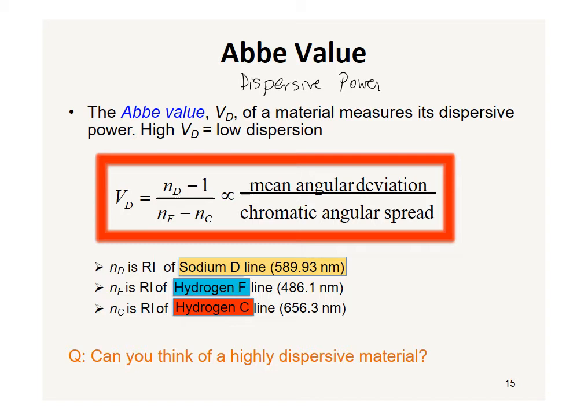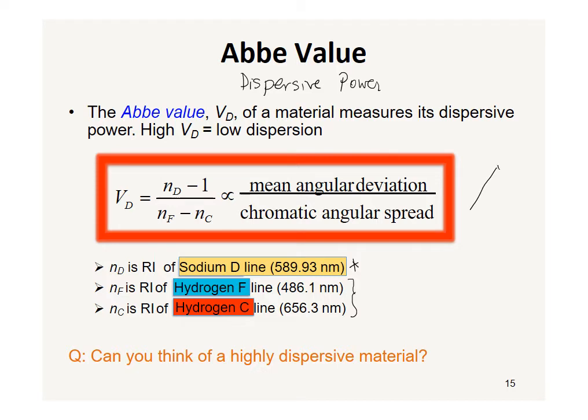So for visible optics, it's defined by this expression here, where we have the refractive index of somewhere in the middle of the spectrum, in the yellow or orange, in the numerator, and in the denominator we take into account the refractive index of the glass to red at one end of the visible spectrum and blue at the other end. Sometimes slightly different wavelengths are used, but they're always defined. So refractive indices and Abbe values for many materials are listed in tables for looking up the appropriate glass.